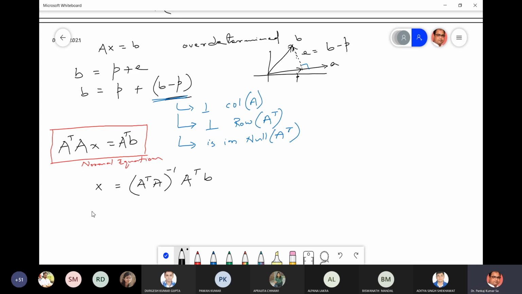Or if I again multiply with A, which I actually want from here, Ax equals A times A transpose A inverse A transpose b. And this is nothing but b, and this b is nothing but here the projection p.